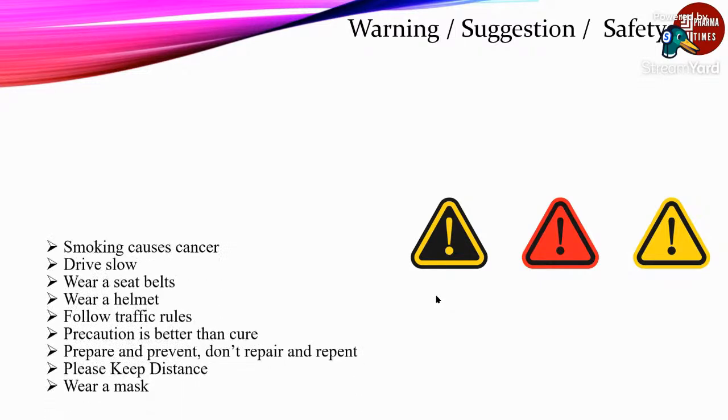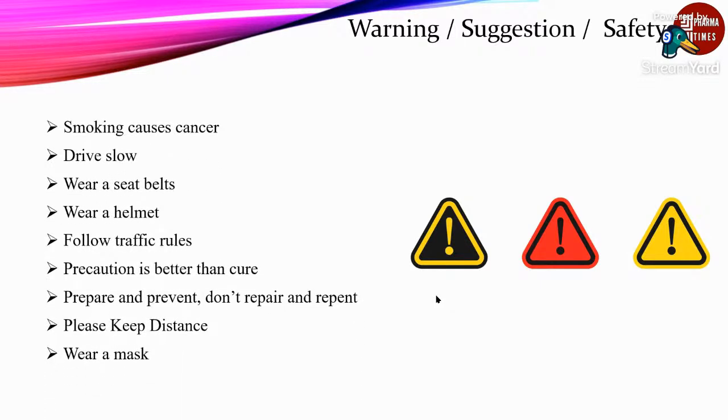These are examples from routine activity: drive slow, wear helmets, wear seat belts, smoking causes cancer, follow traffic rules, wear a mask, which was very famous during COVID-19. Please keep distance, do gaj ki doori rakhiye.